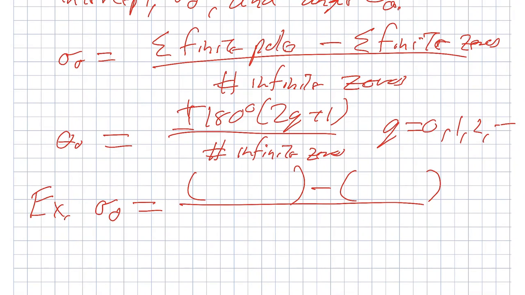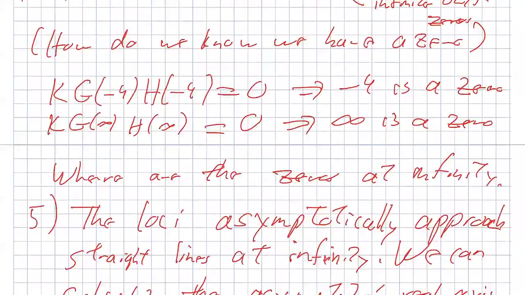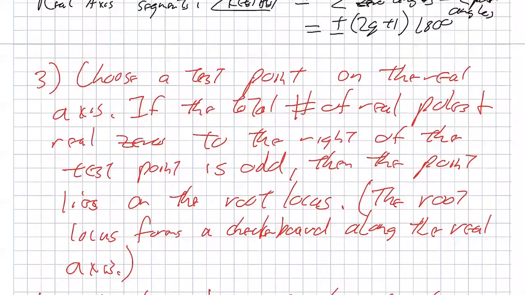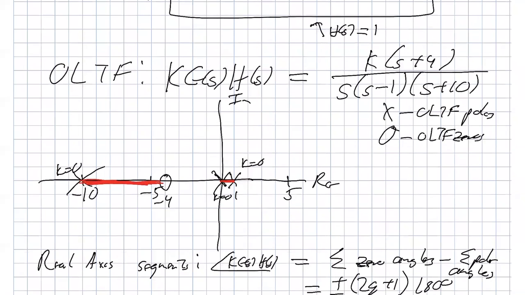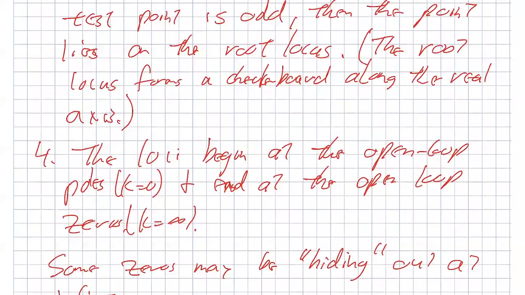We can look at the transfer function, but either way, we have poles at -10, 0, and -1.